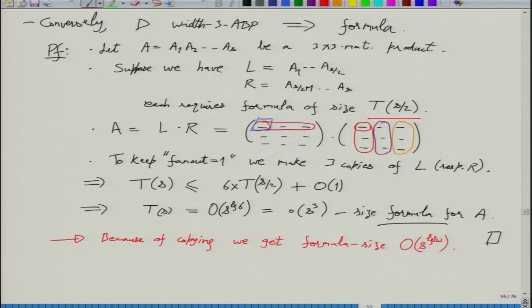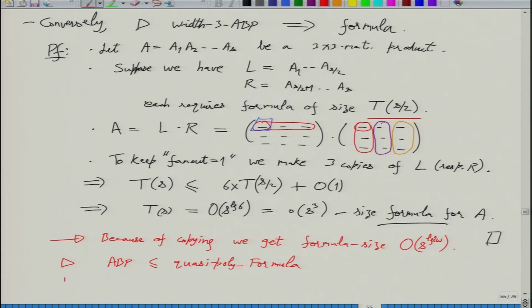right? So at the same time we have shown that the ABP model has a quasi poly formula. Okay, that is one thing we have shown.